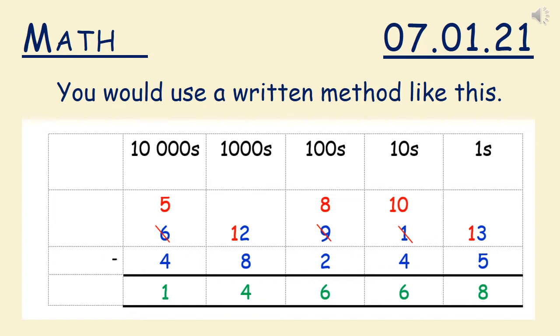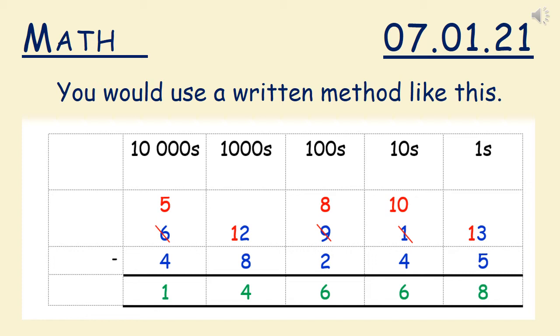Then 2000 take away 8000. This again makes a negative number, so we're going to have to take from our neighbour. We now have 10,000 taken into our thousands column, making 12,000. 12,000 take away 8,000 is 4,000.